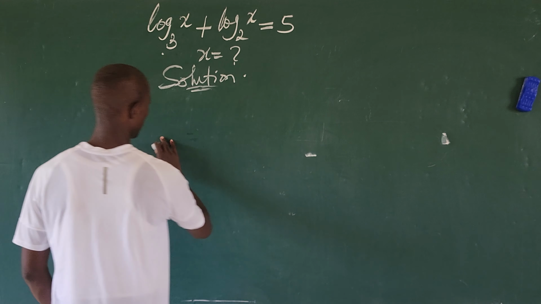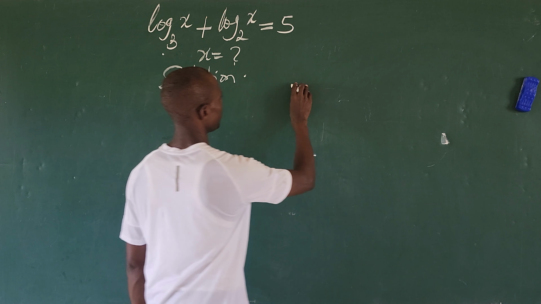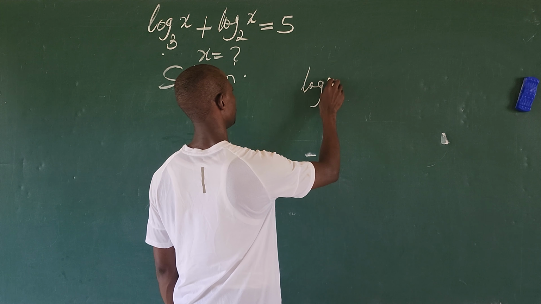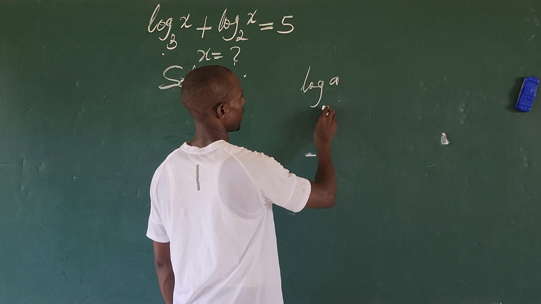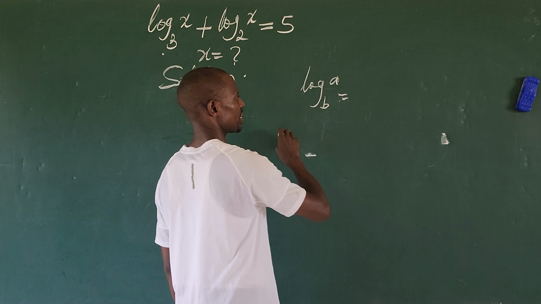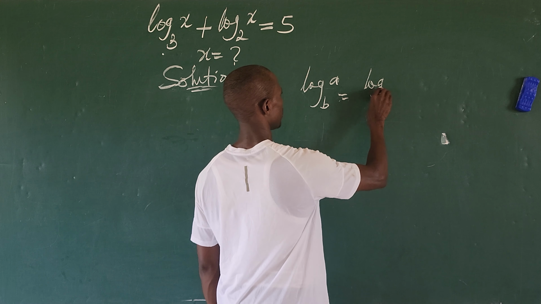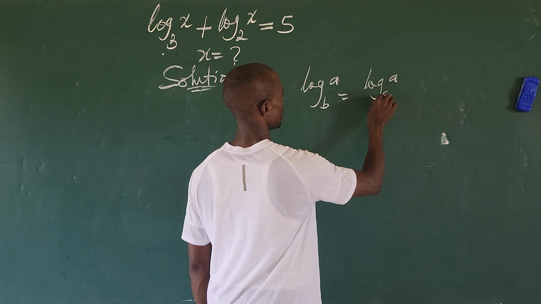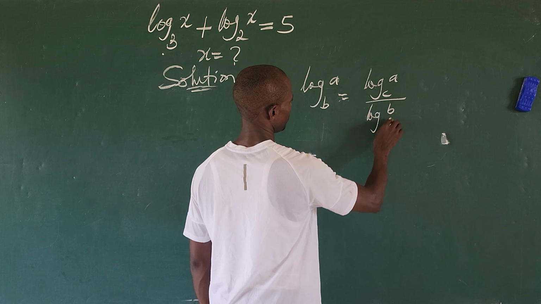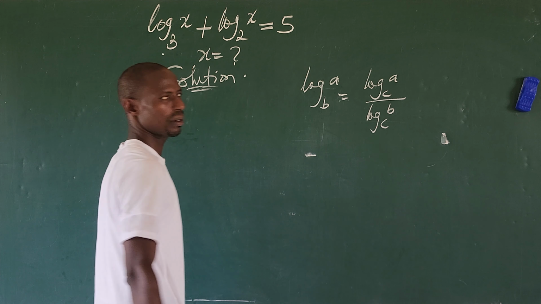Now, the law says if you have log A base B, and you want to change this to base C, it's going to give us log A base C all over log B base C. Remember this law? Good.